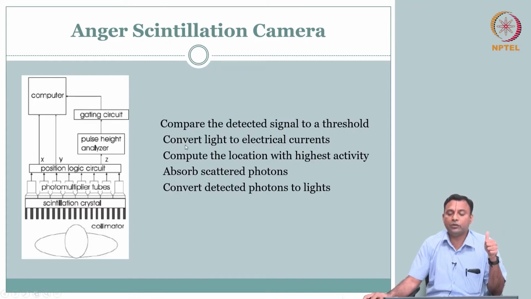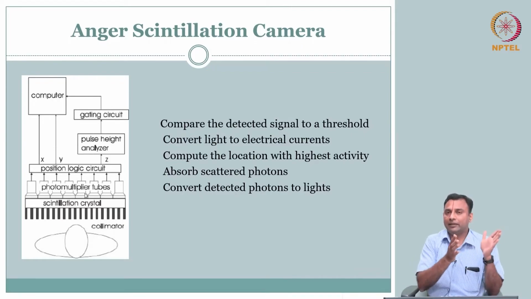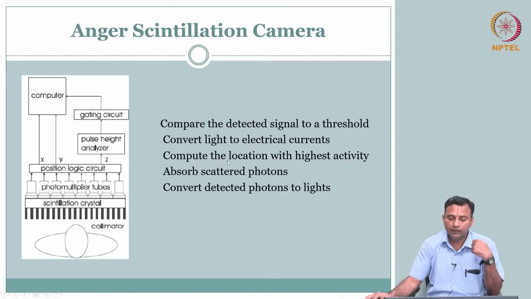The idea here is you convert the light signal. In your X-ray, we had these intensifying screens, so the light photons were directly captured on the X-ray film, whereas here it is not direct. The light photon is further converted to electrons and then you compute the location.